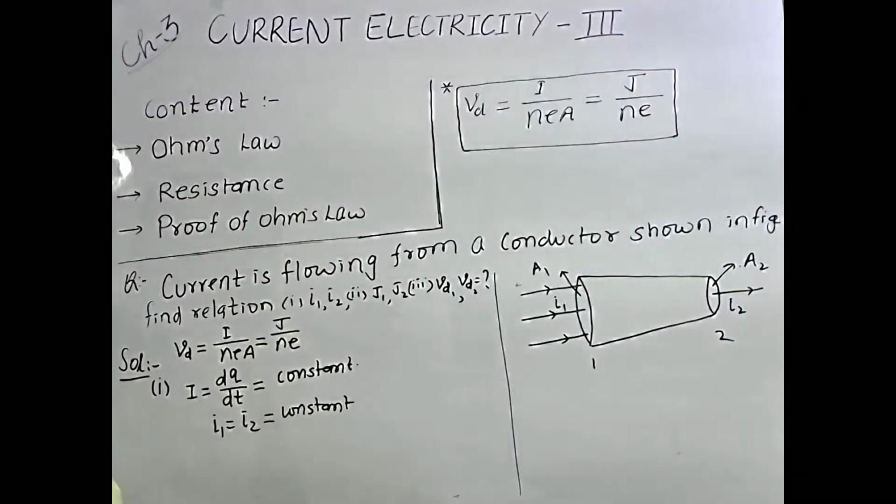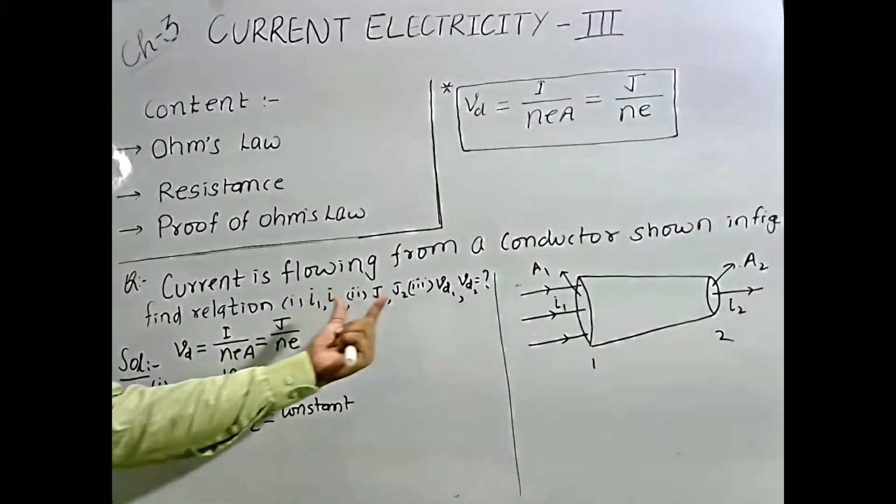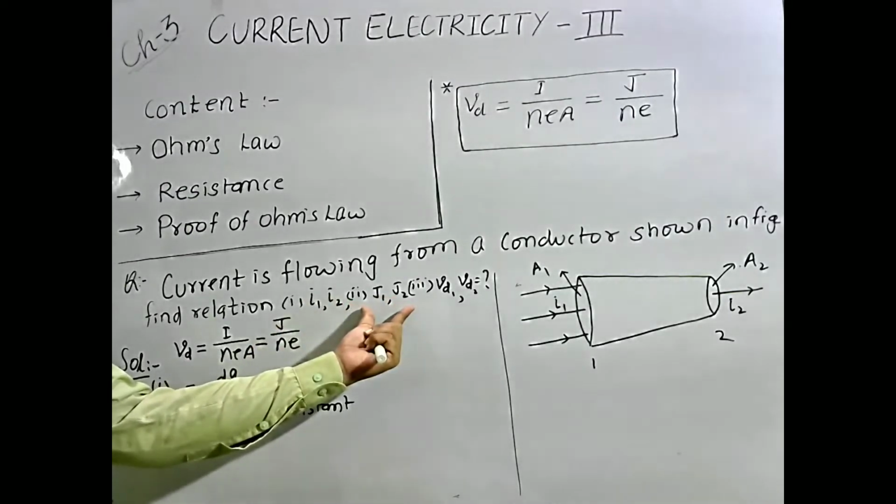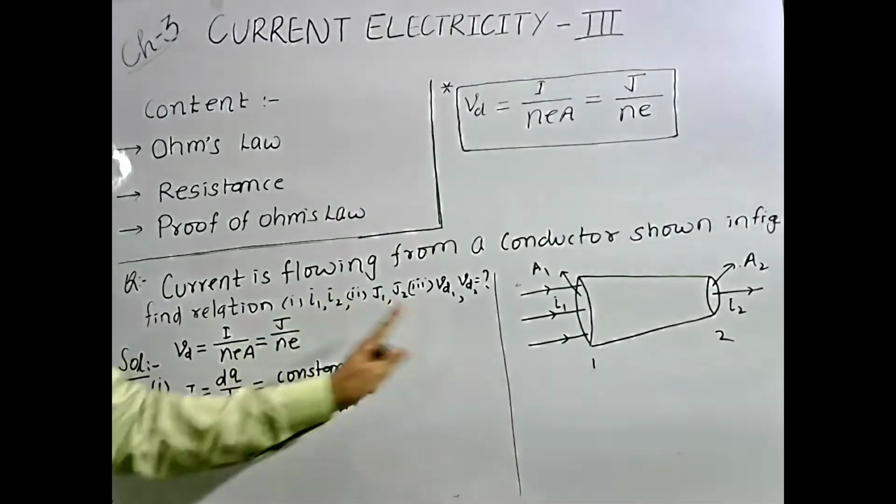Now our second relation is a relation between current densities J1 and J2.